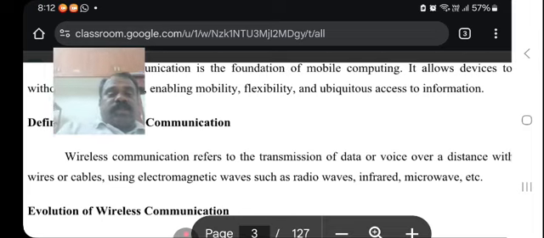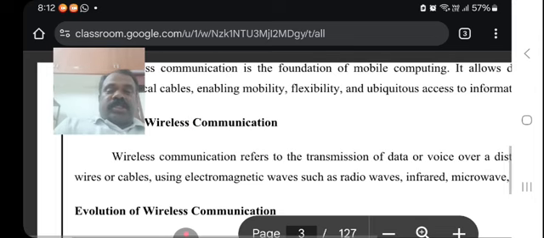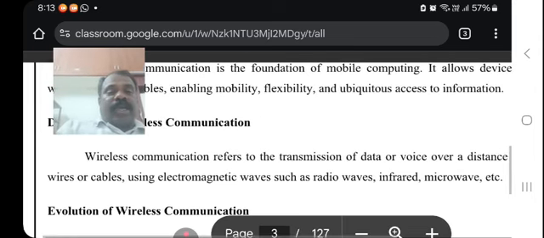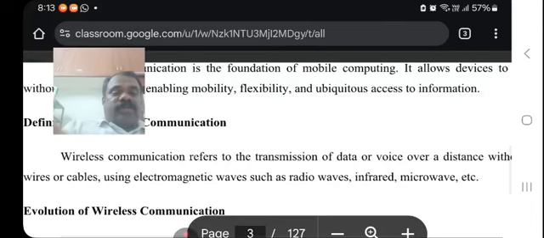Then the definition of wireless communication. Wireless communication refers to the transmission of data or voice over a distance without wire or cable, using electromagnetic waves such as radio waves, infrared or microwaves.